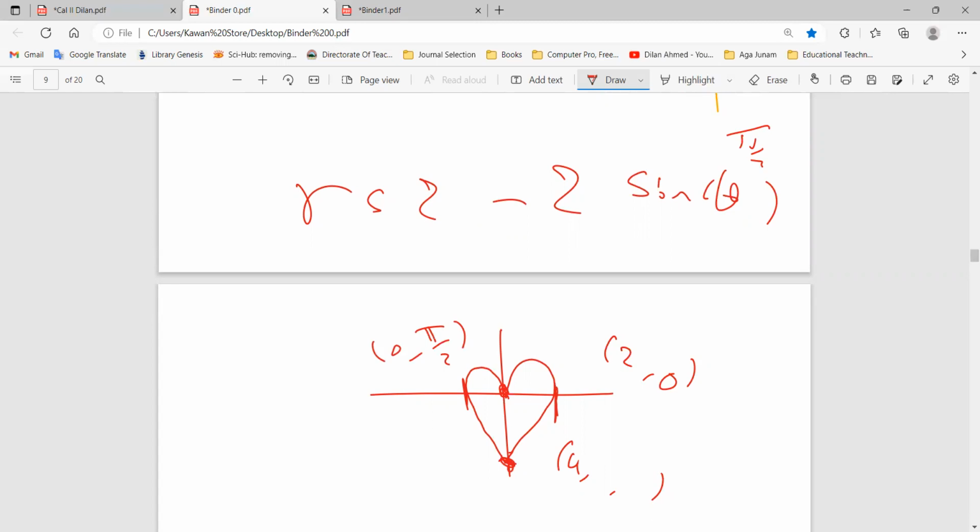So how do I get that one? This point is equal to what? Tell me. Now it's a participation class. See why I asked that question. So this point is equal to what? 3 pi over 2. Why not? Why 3 pi over 2? Because sine of 3 pi over 2 is equal to minus 1.